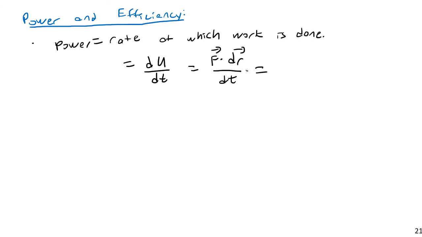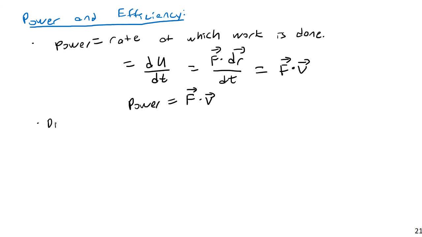Oh, I know what that is. That's F dot V. dr/dt is velocity. So we can see that power, at a given instant, is equal to the dot product of force and velocity.